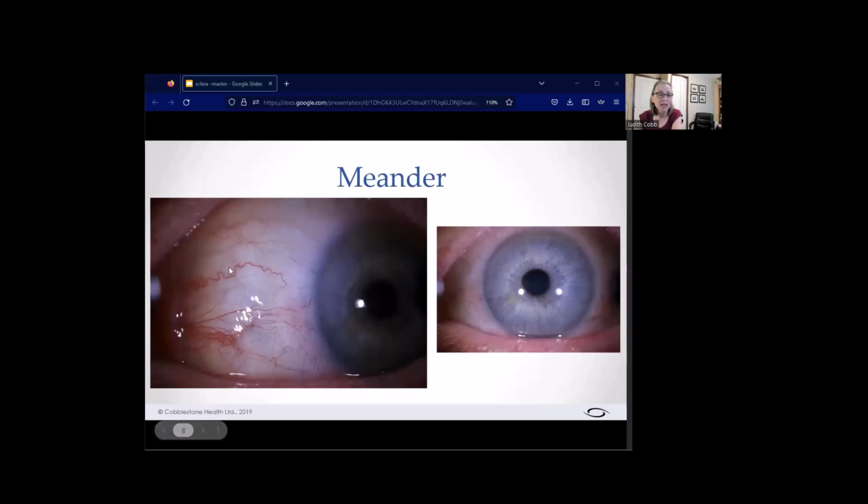And then I'm going to look at the sclera. And when I look at the sclera here, I'm seeing this meander. And this meander is telling me that there is likely some congestion in the circulation in the organ that is directly in from here. So I would map this, and we're looking at this inner edge of the eye.